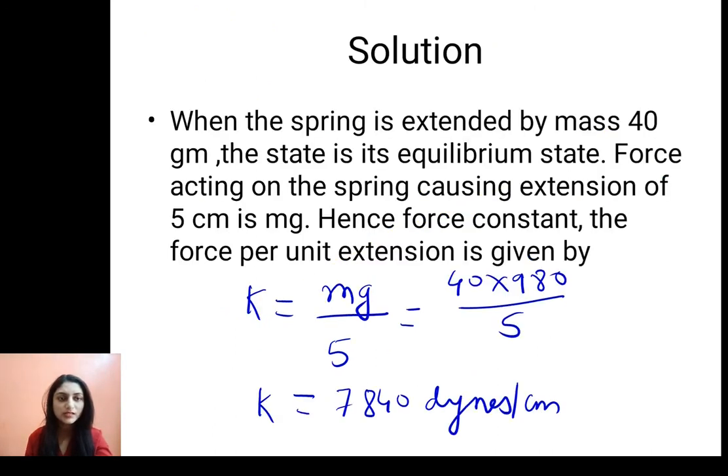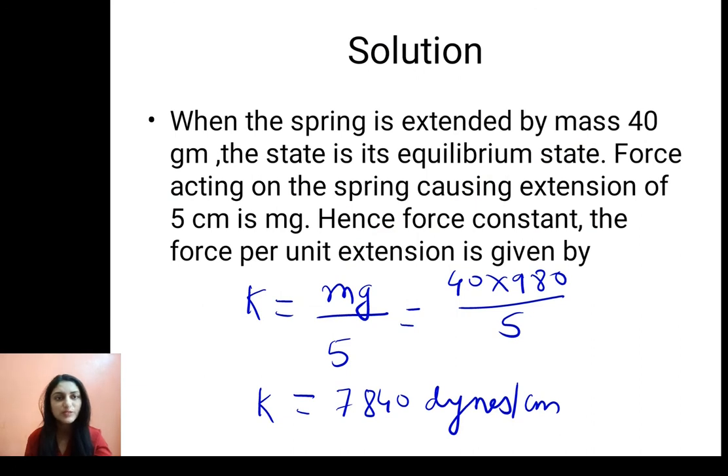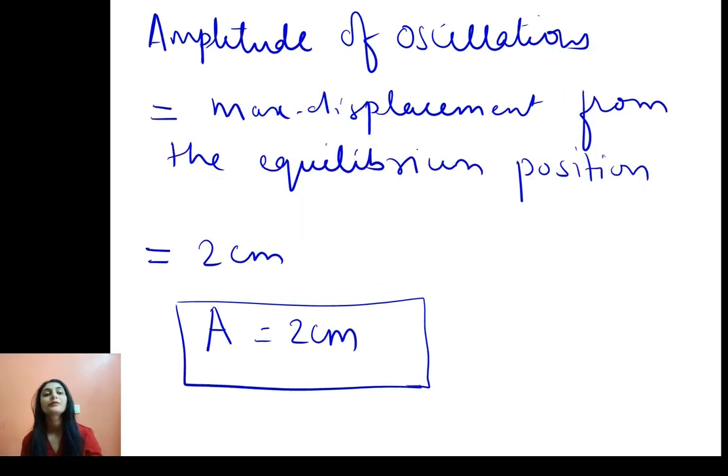Here k is 7840, and m is 40. Upon 7840, that comes around 5 into 980; it is correct. So T is 2 into 3.14 upon 14, which gives around 0.45 seconds. So the time period is 0.45 seconds.